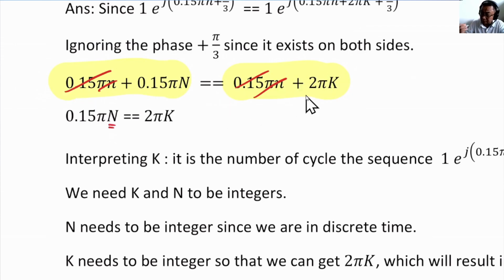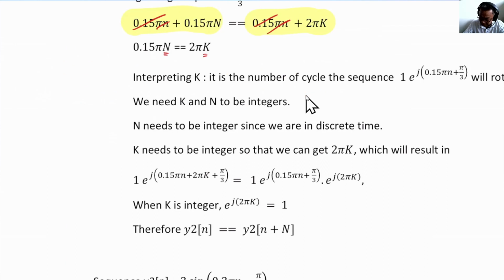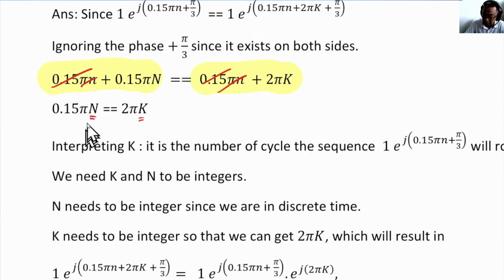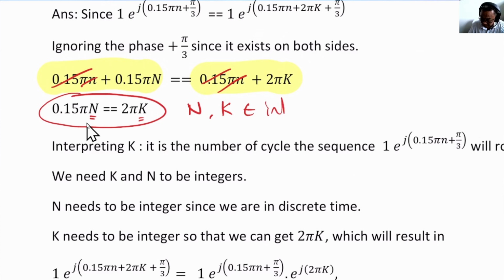Remember that N must be an integer, and so must k be an integer. So in this case, for this particular example of y2[n], we will solve for this expression here, maintaining that N and k must be integers. Therefore, 0.15 pi big N is equal to 2 pi k.